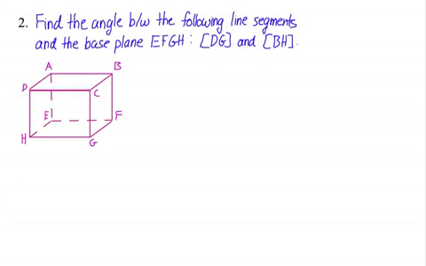In the next example problem, I'm again given a three-dimensional shape. It's not a cube this time. But this time we're going to try to find the angle between the following line segments, which are DG and BH. So first, let's draw the line segment DG, which is a diagonal of one of the sides.